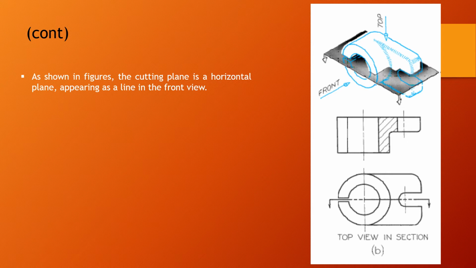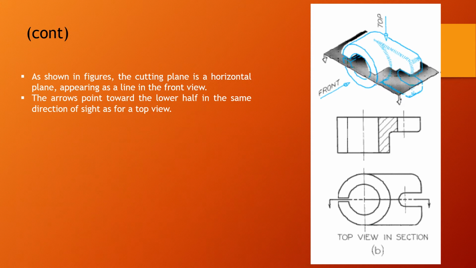Let's move on to continue. As shown in the figures, the cutting plane, a horizontal plane, appears as a line in the front view. The arrow points toward the lower half, in the direction of sight for a top view.